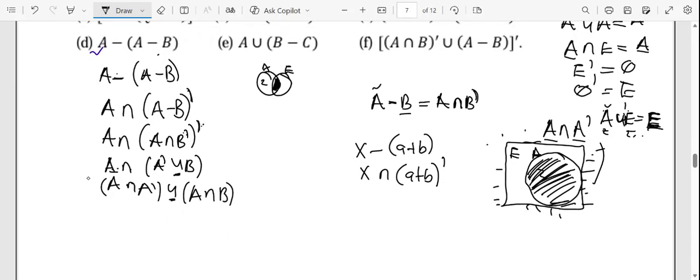Okay, so this means that at this point now, we know this. What is this? So empty set plus something is still that something. Is that okay?